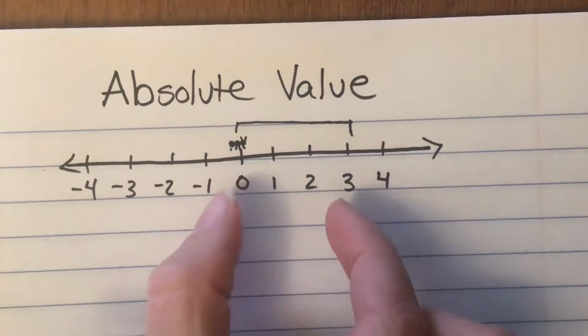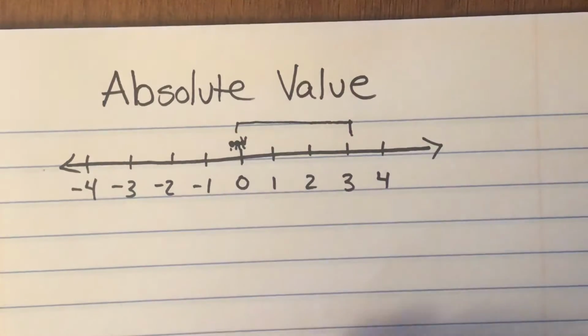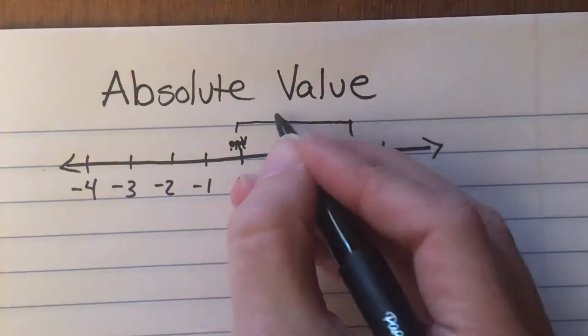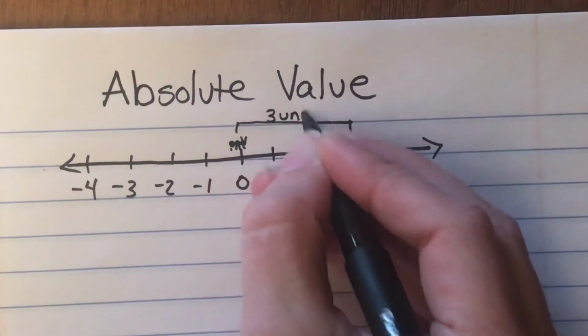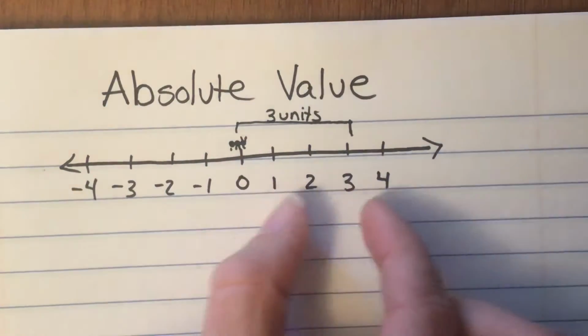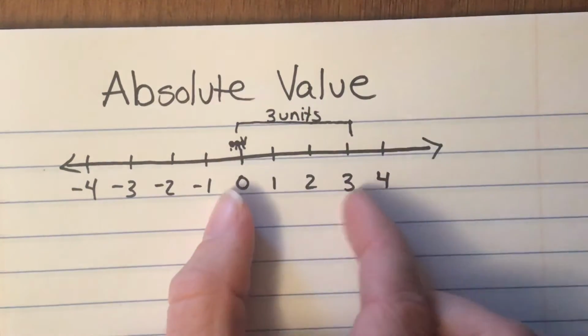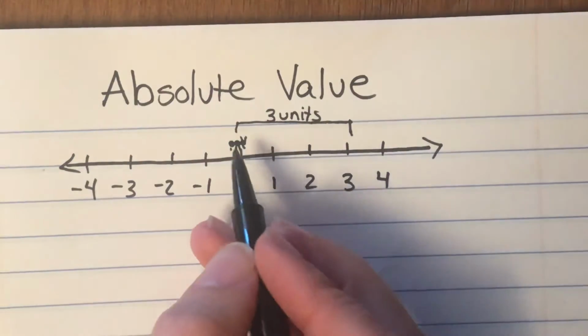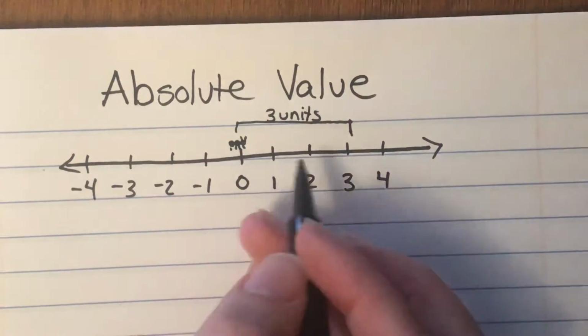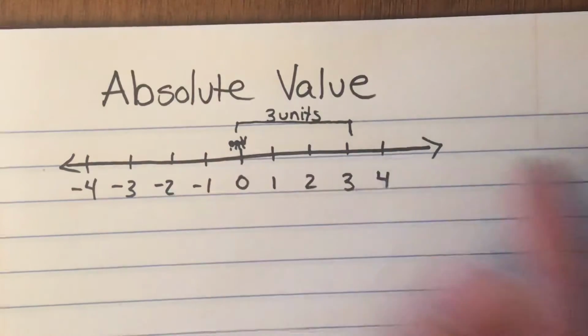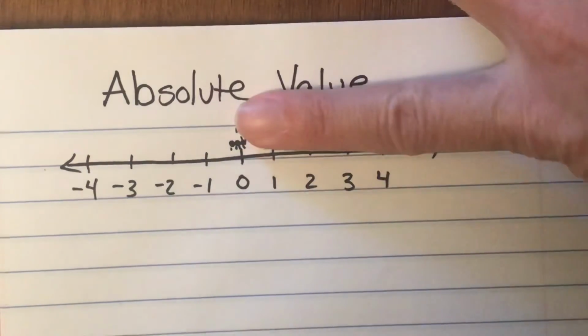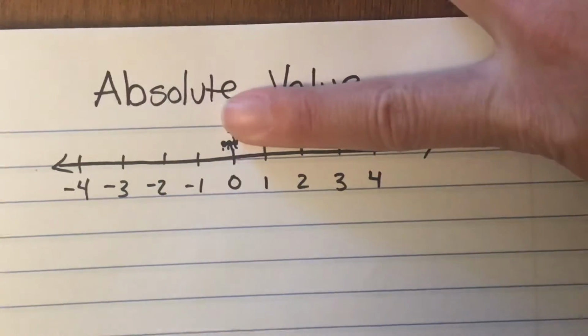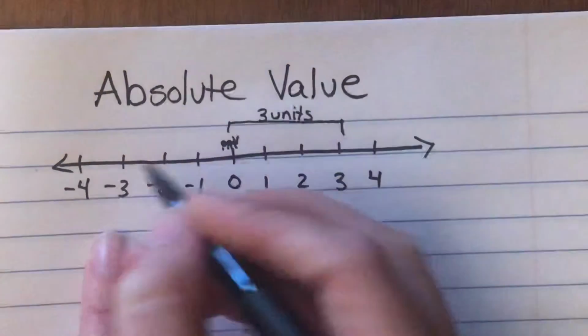All right. So if you were looking at this ant, how far would you tell him that he has walked? Well, hopefully we would say something like 3 units. Now, we don't know if these are miles or feet or what. There's just 3 units of measure from 0 to 3. Now, let's pretend like he's back at 0. And let's pretend like instead of walking to positive 3, he turned around and actually walked to negative 3.